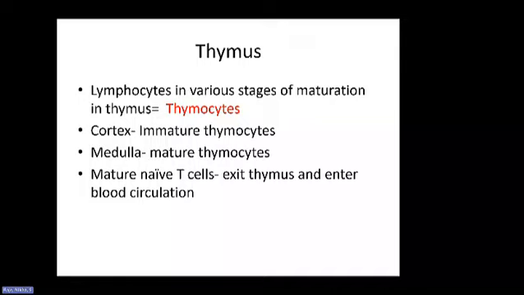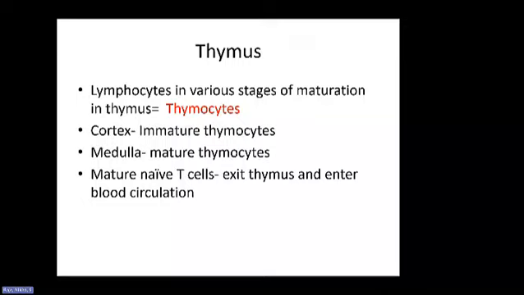Lymphocytes that are destined to become T lymphocytes come from the bone marrow in various stages of maturation. When they enter the thymus, they are called thymocytes. At that time, they do not have CD3 on them. They do not have CD4 on them. They do not have CD8 on them.